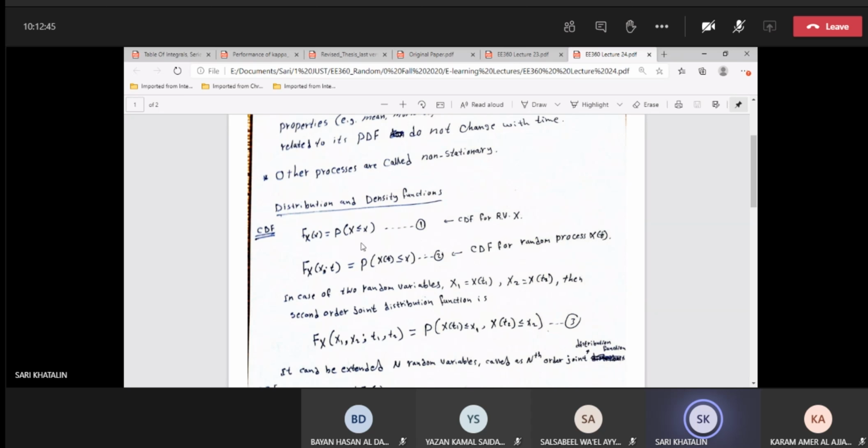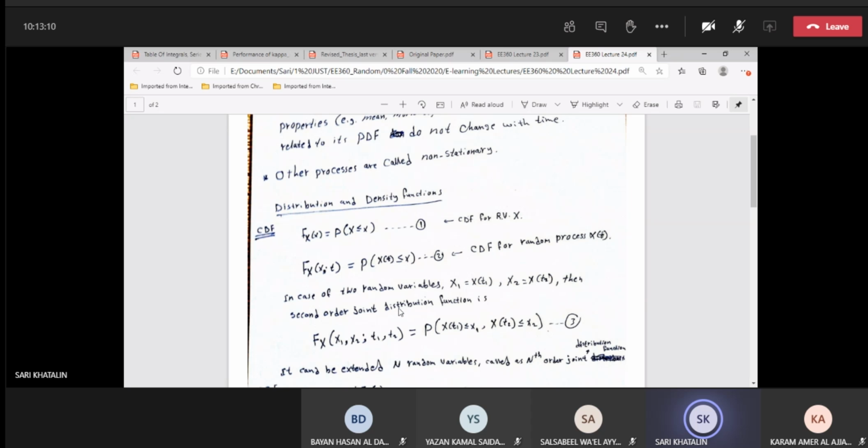For example, equation 1 right here, this is the CDF for the random variable, if you remember. Now the CDF for the random process, x of t, we're just going to include t, so it's going to be x of t. X of t, this is the random process less or equal to a specific value of x.